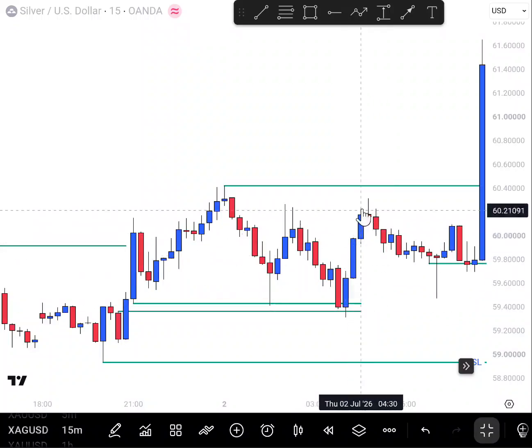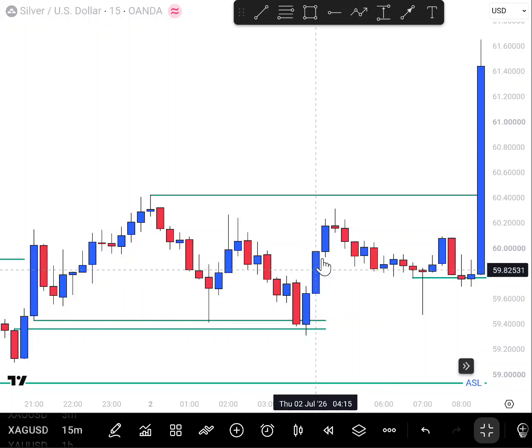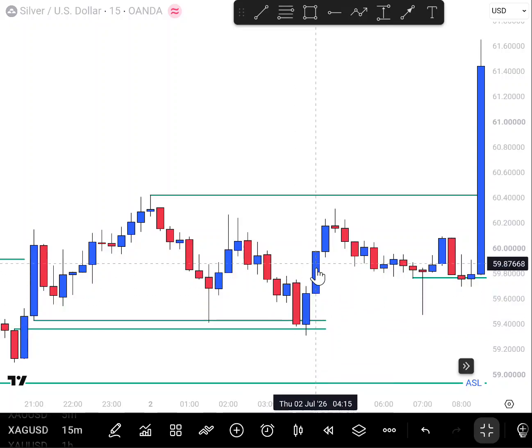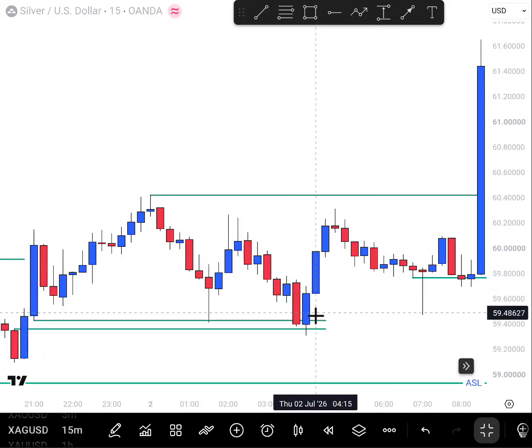Still, it gave this move, left a new fair value gap, and left a fresh new order block. So if the order flow is bullish, you would love to take entries in the direction of the trend. We had a fresh new order block and fair value gap; you can frame your entry around here.